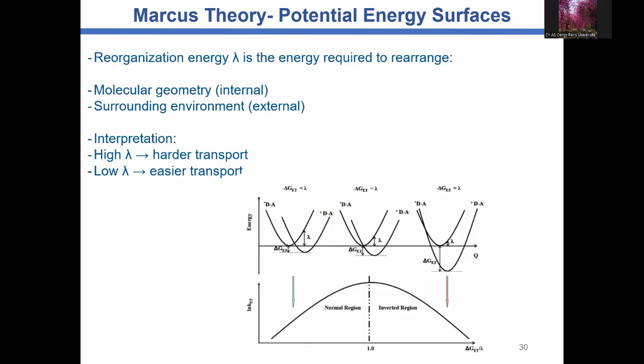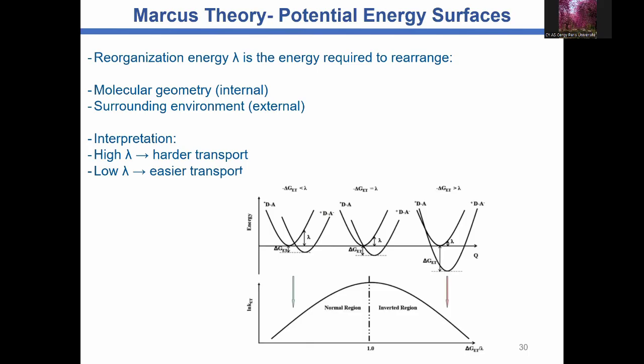energy of the final state. So when you see the parabolic structure, the lowest point means the intermolecular distance with minimal energy.